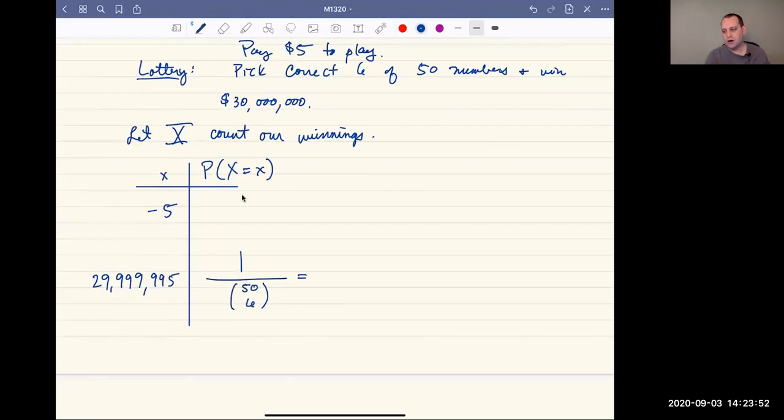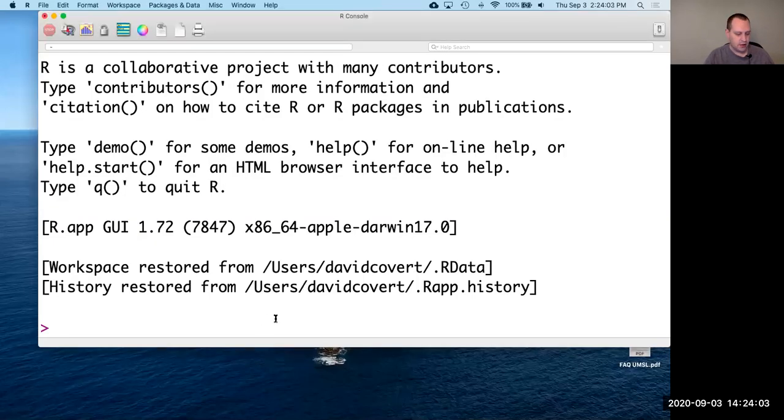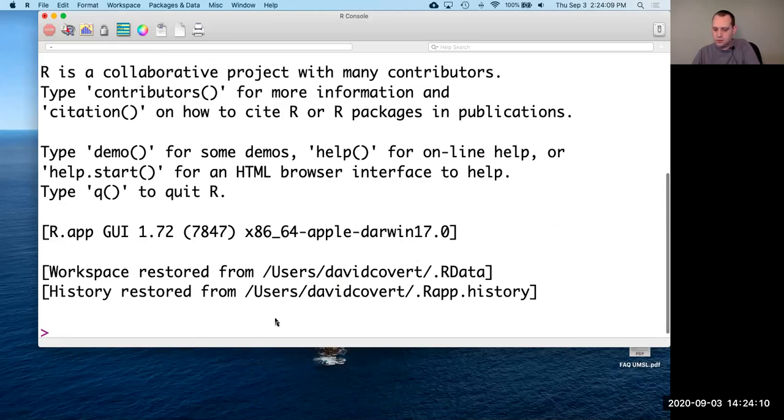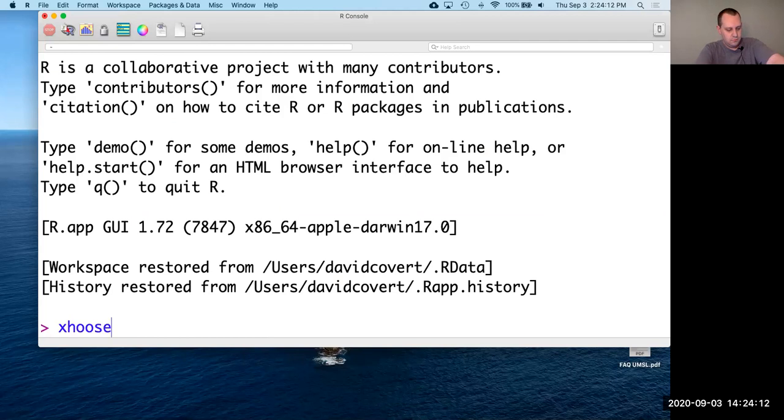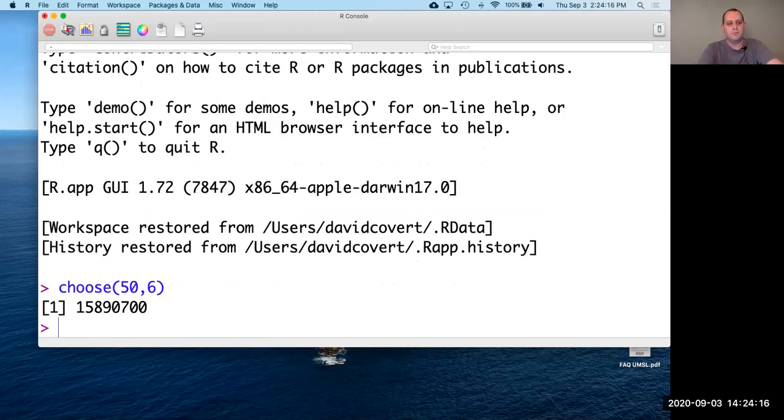I'm going to use R to calculate what this is. Let me show you my entire desktop so we can bounce back and forth here. Okay, so we have 50 choose 6, and that's 15 million, more or less.